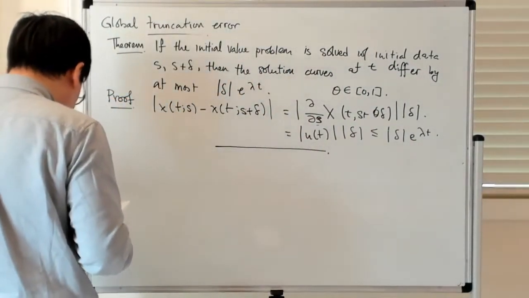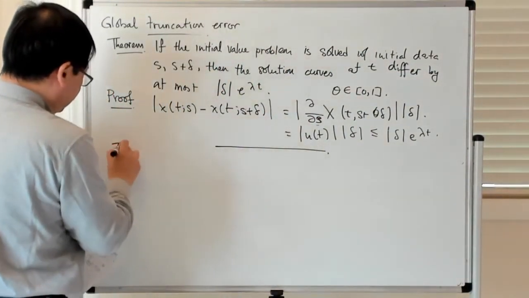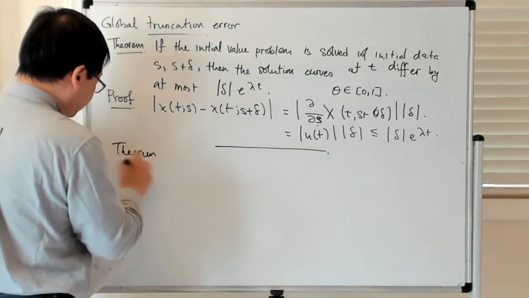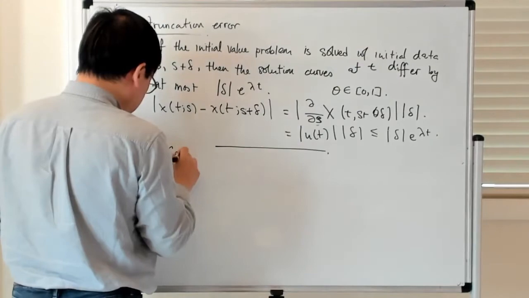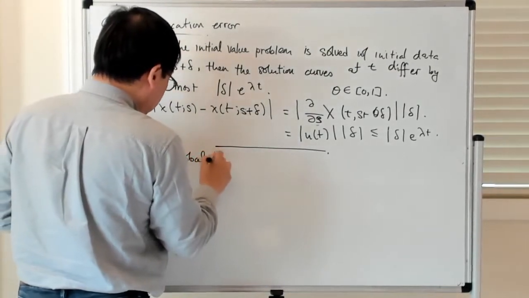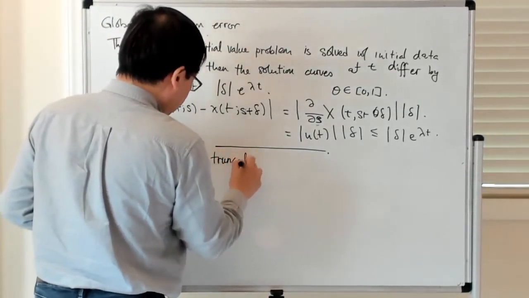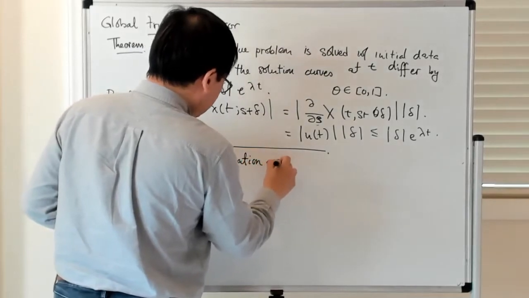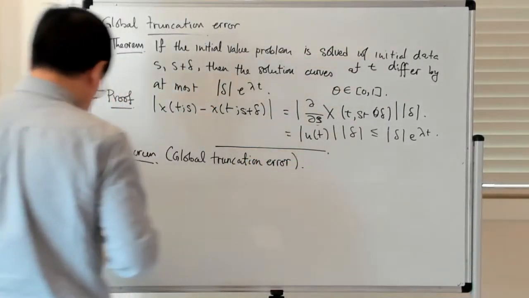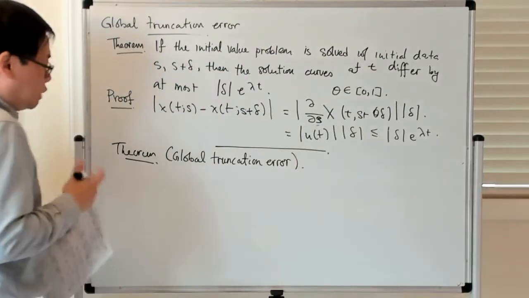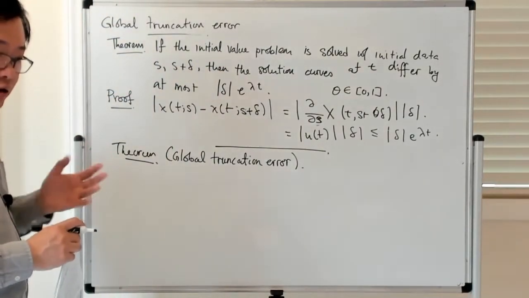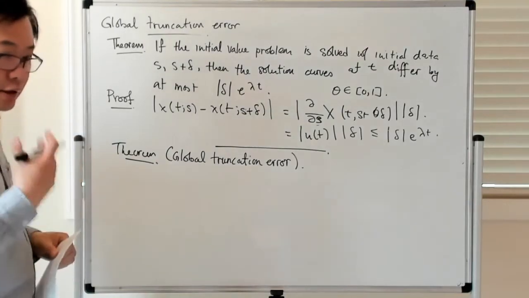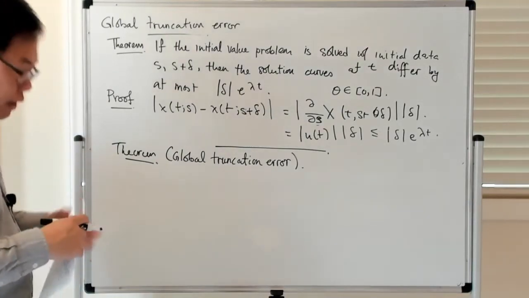Yep, sorry. Okay, so let me state one final theorem, which is the one which we really care about, which is the global truncation error. Basically we're going to assume that the local truncation error is controlled, and then we're going to use that to infer something about the global error you make.